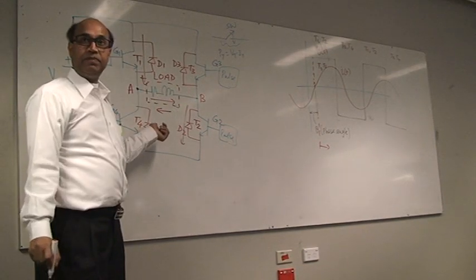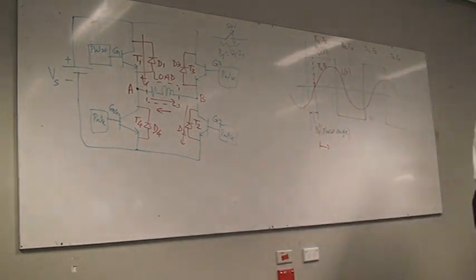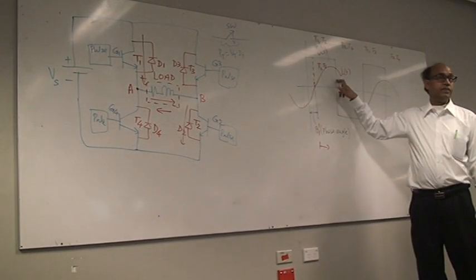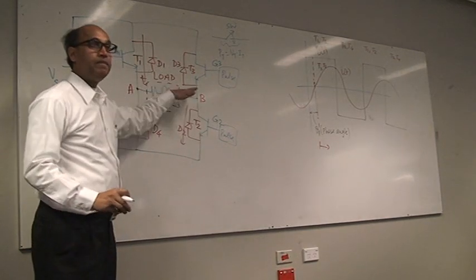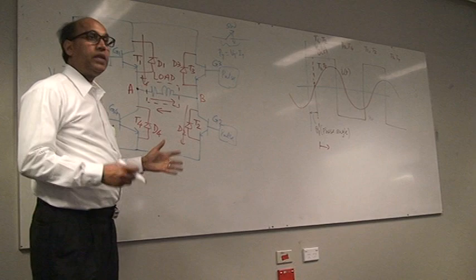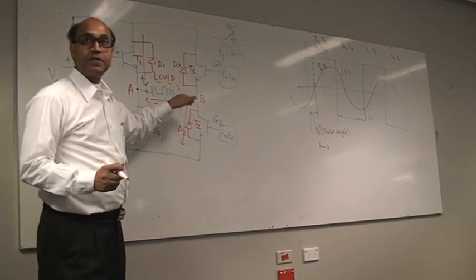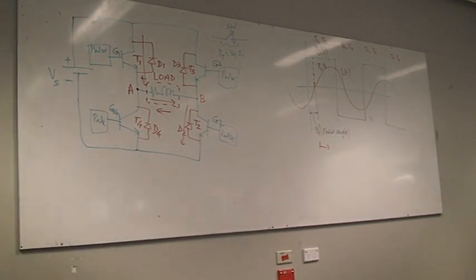So current should be negative. But unfortunately, you cannot force the current to go negative. Do you follow me? The current is still positive. That means the current is still flowing from A to B. But T3 and T4 cannot be switched on because the current is still flowing in the different direction. So at this time, what do you think is going to happen?